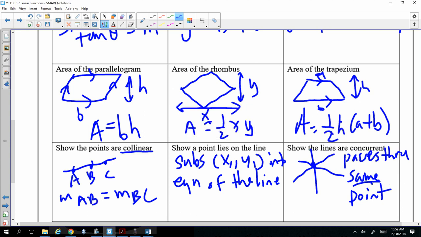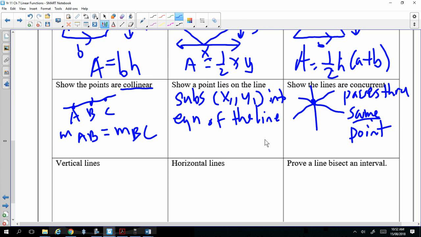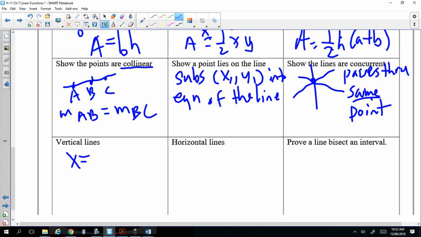And then you need to know the equation of a vertical line. A vertical line looks like this, x equals a number; a horizontal line, y equals a number. And then prove a line bisects an interval. Bisect means cut it in half. So if you bisect it, it means that it passes through the midpoint.